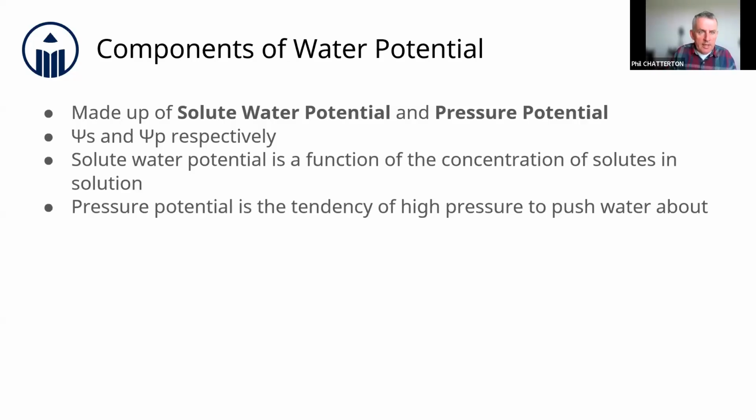Pressure potential is the tendency of high pressure to push water about. It sounds a bit crude, but essentially areas of high pressure, if there's an outlet for that pressure, water is going to move through that outlet. Okay, think about, for example, the buccal cavity of a fish.